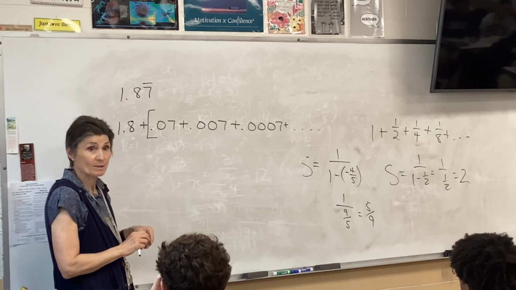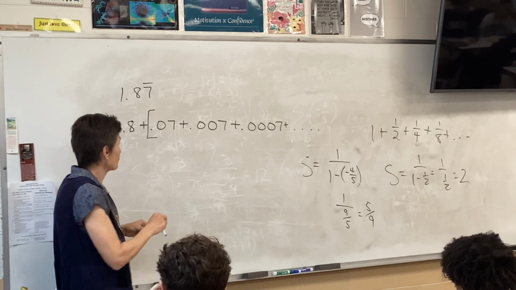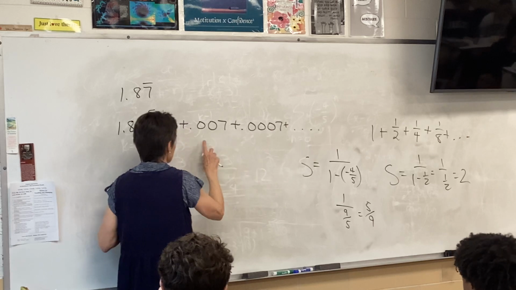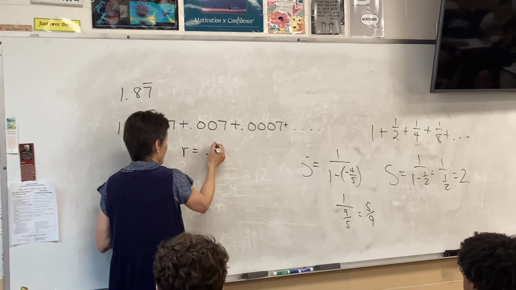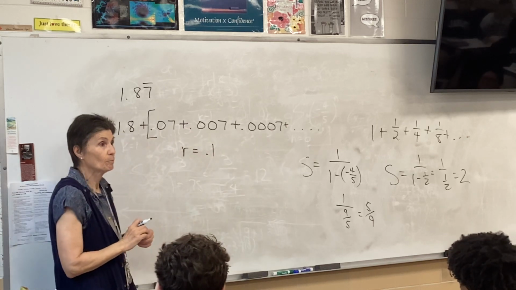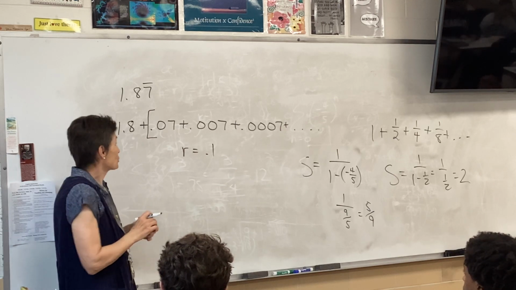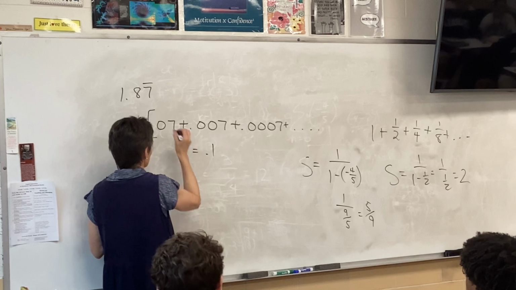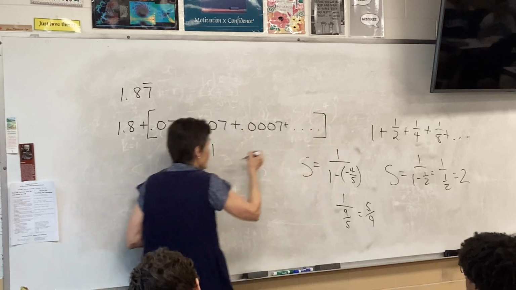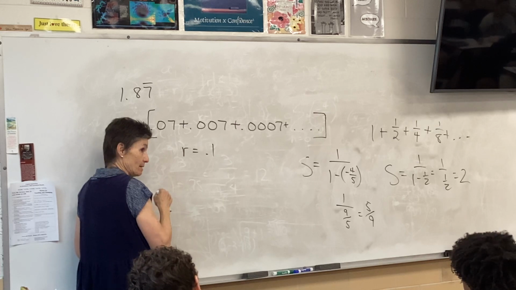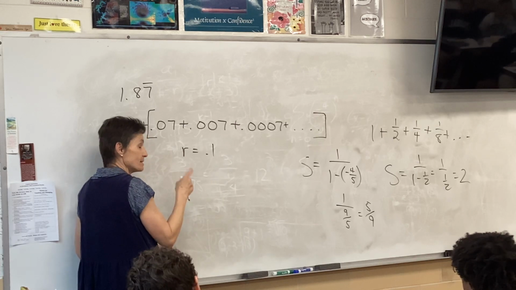Now, the whole thing is not a geometric sequence. This guy is kind of an odd lot, right? He's not part of the sequence, but everything from here on is. Would you agree with me that that's a geometric sequence? What's the ratio? What am I multiplying by to get from term to term here? 0.1. I'm just adding a decimal place, so that's 1/10, 0.1. So this much of it, right here in the bracket, can be added using the formula. It's an infinite geometric series.